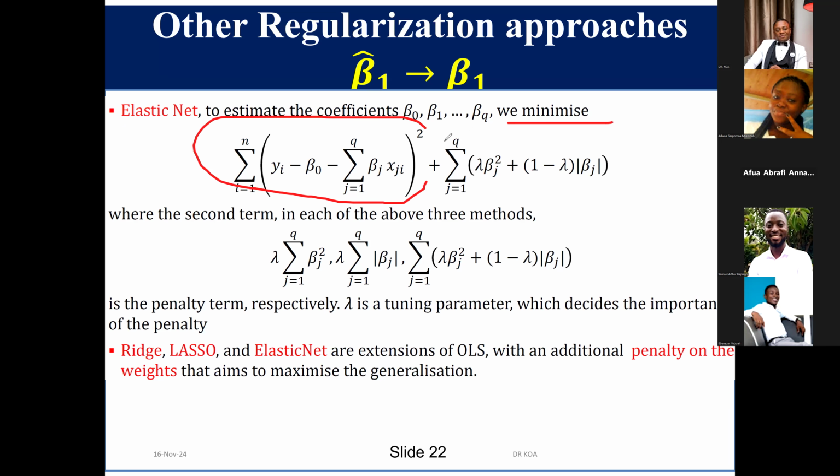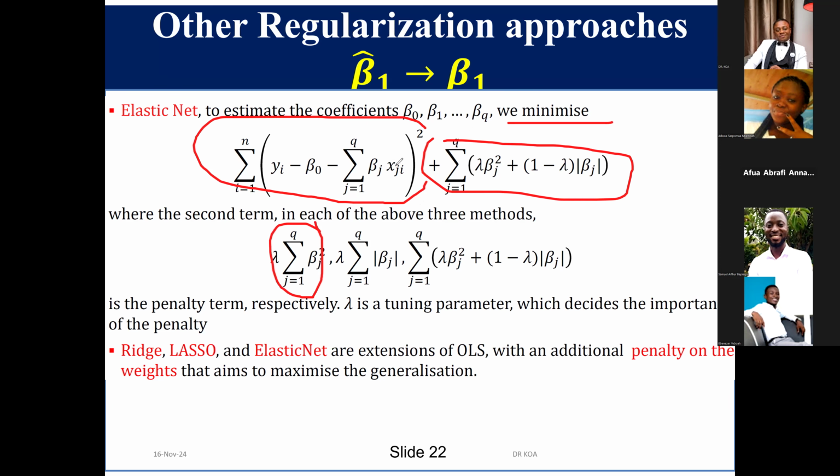So in this case, the elastic net is adding something else to the original OLS. In the second term, you remember the second term for the ridge regression was this.